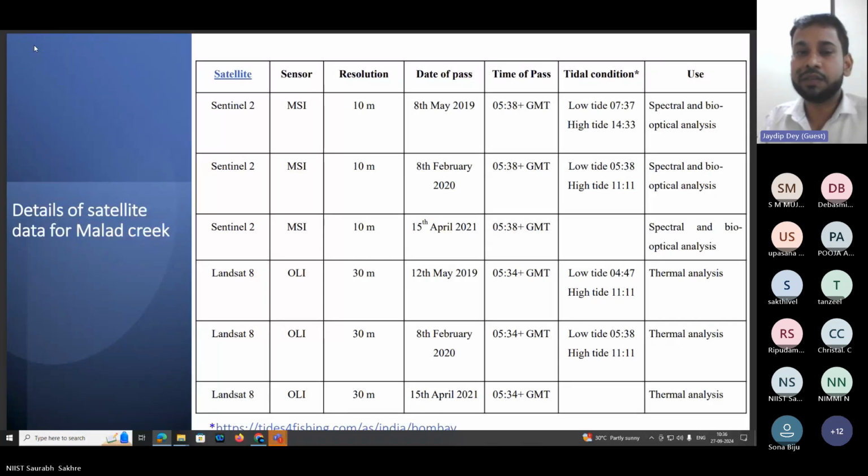They are different data sets and have their own applications. The Sentinel-2 data set has been used for spectral analysis and bio-optical analysis, and Landsat data has been used for thermal analysis. As I am working on an ocean area, I have considered tidal conditions also, and I have collected samples during low tide and high tide, from 2019 to 2021.